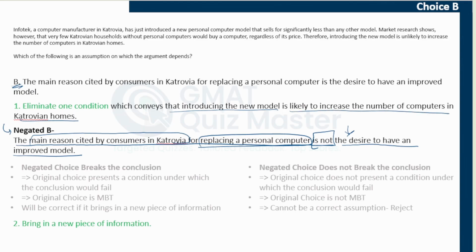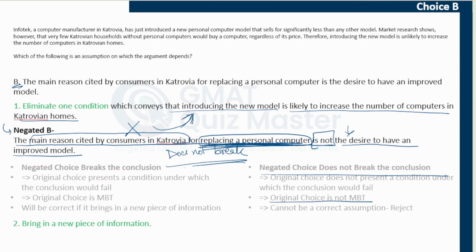Does that convey in any way? No. The reason given for replacing a personal computer does not in any way indicate that the number of computers will increase. And that is why negated B does not break the conclusion, which means that the original choice is not must be true and it can be rejected. So choice B is also incorrect.